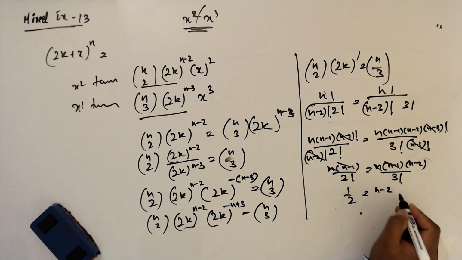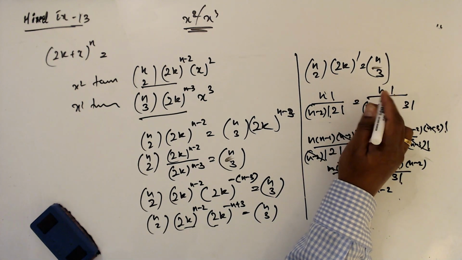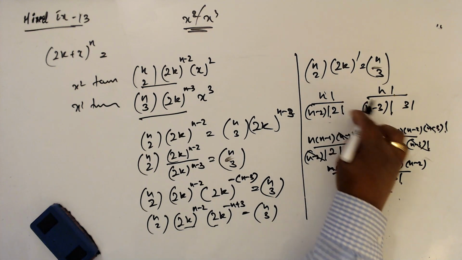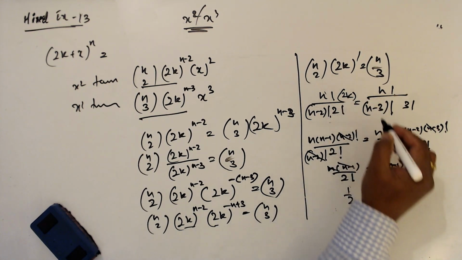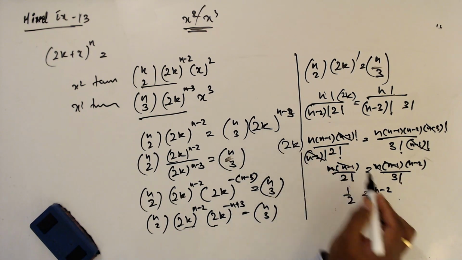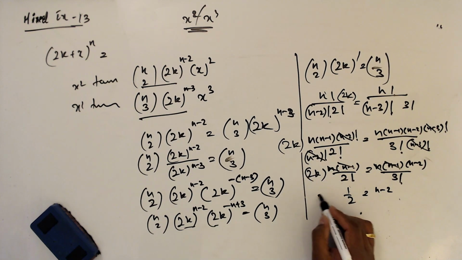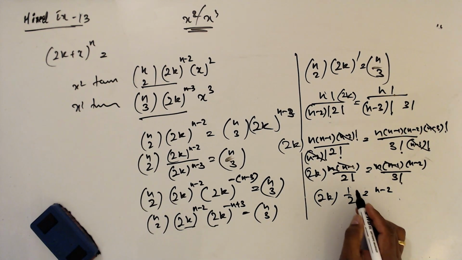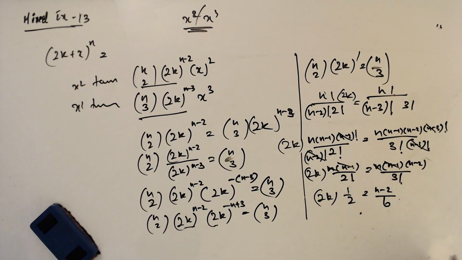This is n minus 2. Okay, I lost 2k. I will write 2k here, then I will write 2k here. And this side, 2k. And this is 2k times half equals n minus 2 over factorial 3, which means 6.